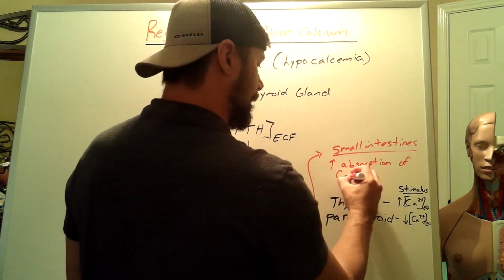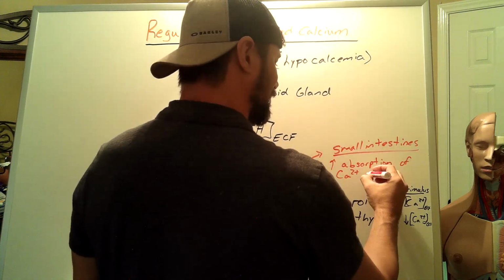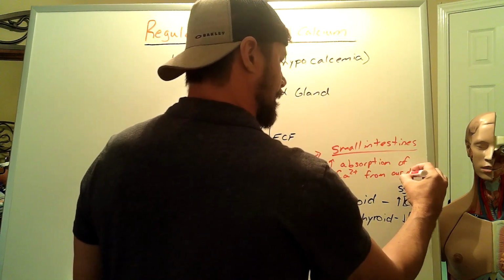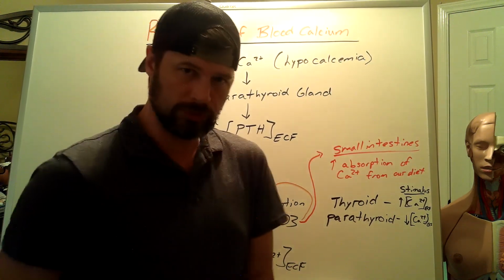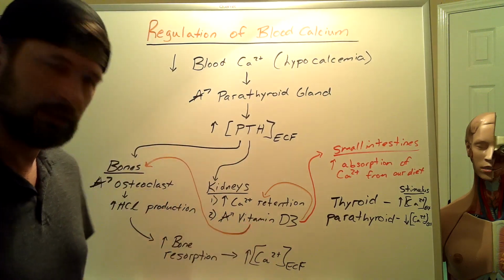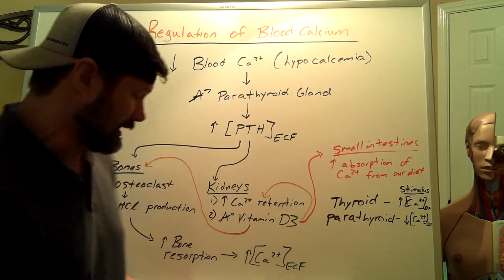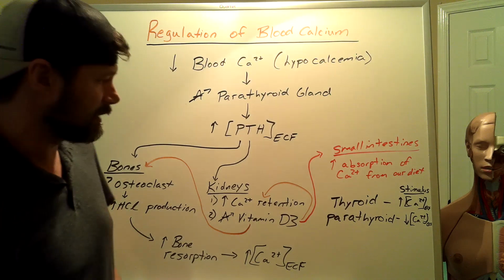Calcium. Where do we get that calcium from? Our diet. So when we need to get more calcium out of the food that we're eating, what hormone is critical in that function? Vitamin D3. It's not just vitamin D3, it has to be activated. Okay? It must be the active form of vitamin D3.